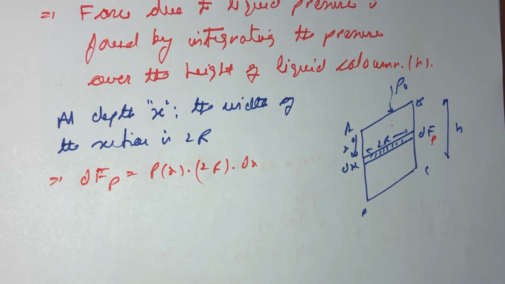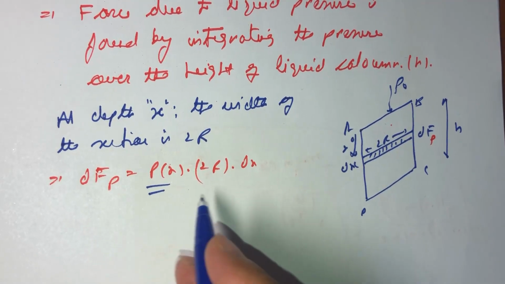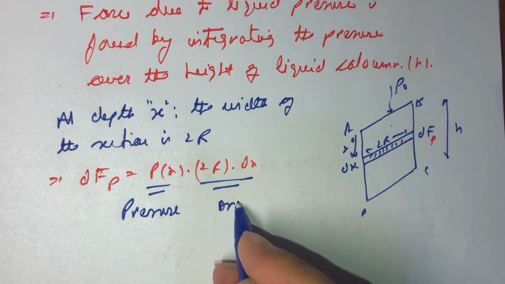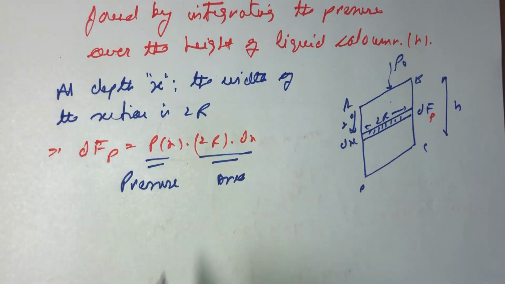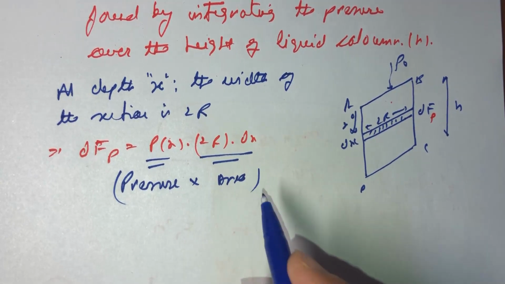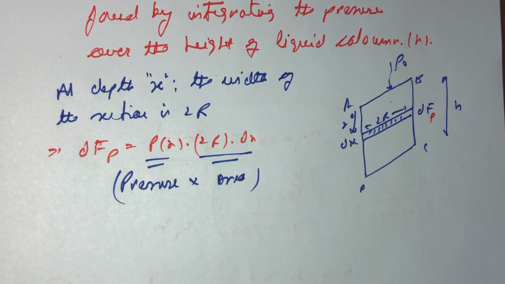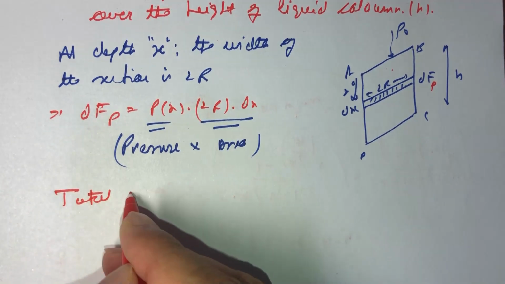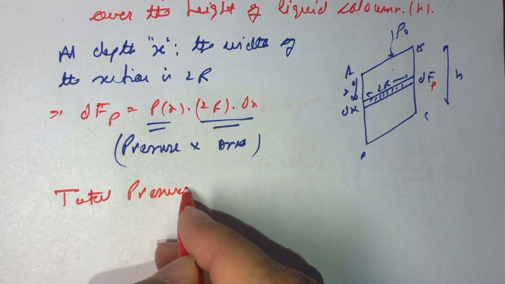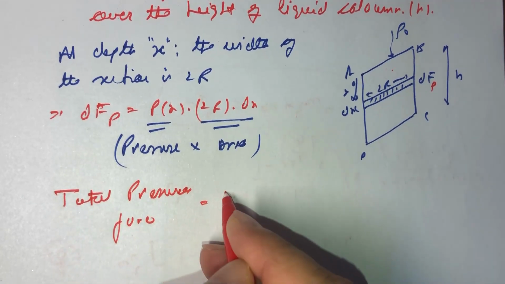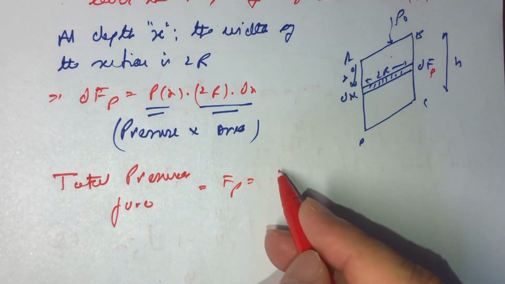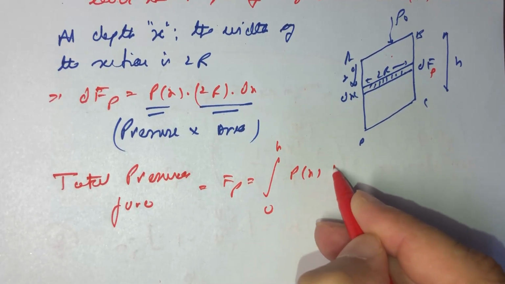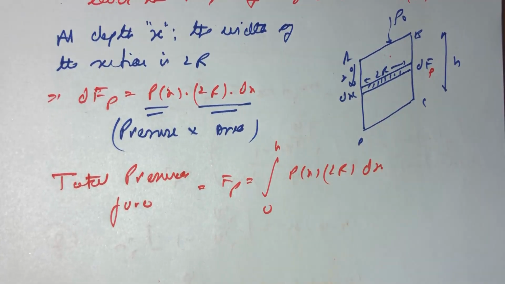So this is our pressure and this is our area of the strip. So it comes as pressure into area, small area rather. So we can write the total pressure force Fp will be equal to integrating 0 to h, Px 2r dx.